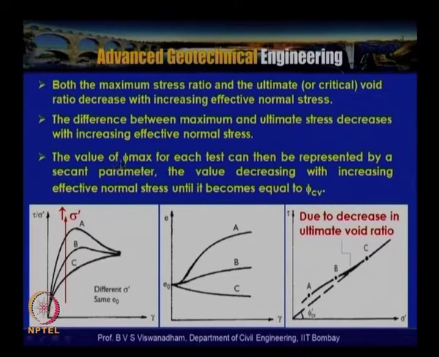So the value of phi max for each test can thus be represented by a secant parameter, and the value decreases with increasing effective normal stress until it becomes equal to phi CV. Because of this phenomenon, at low effective stresses we have a difference between the critical friction angle and phi max, that is the peak friction angle.